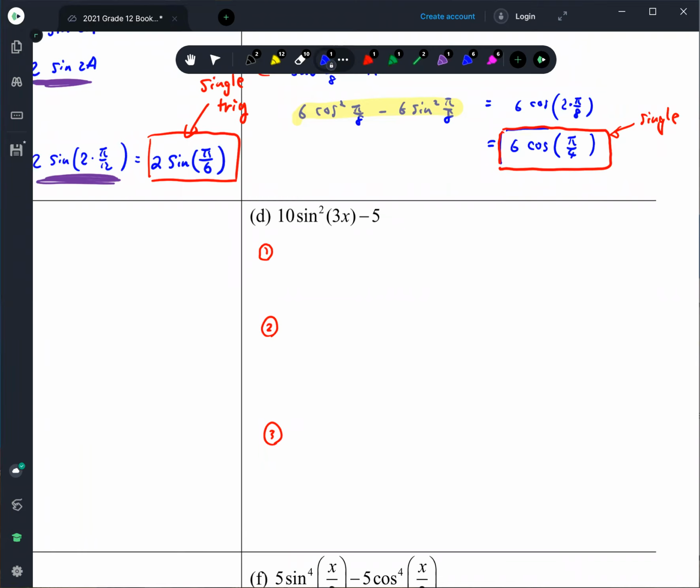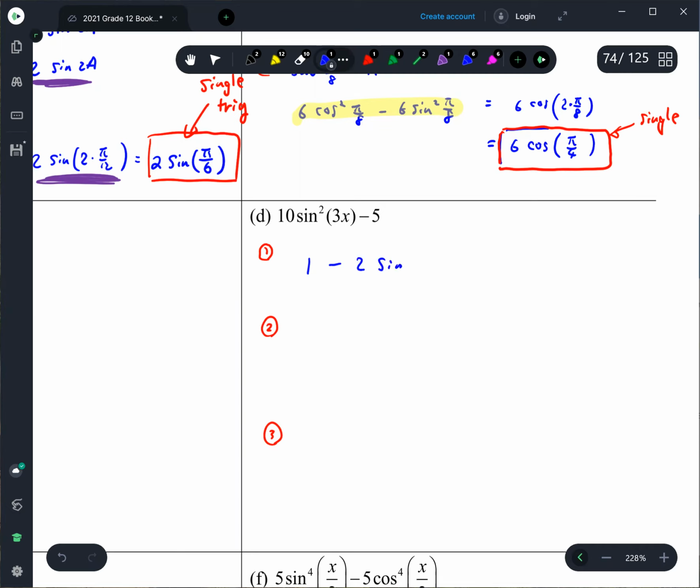Sine squared A. Do we have that? Double check your identity. 1 minus what? Oh, 2 sine squared A. Yes, okay. 1 minus 2 sine square A equals to what? What's on the right side? Is it cosine 2A? Yeah. So it's the cosine double, right?